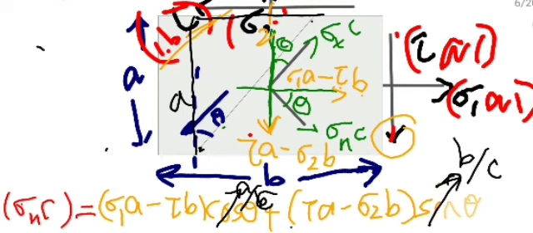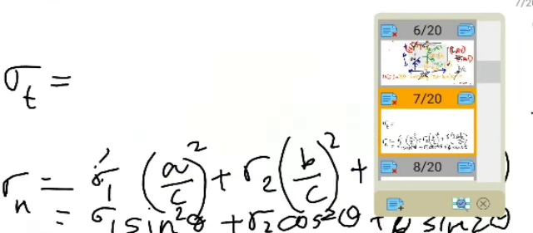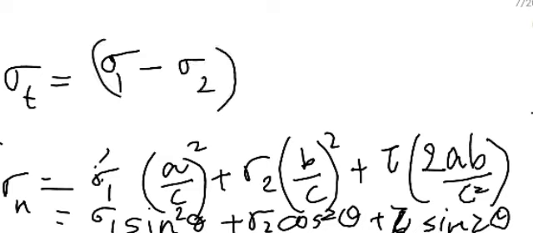So the shear stress term will cancel out there, and sigma t, what we are getting, is nothing but sigma 1 minus sigma 2 by 2 times sin 2 theta.